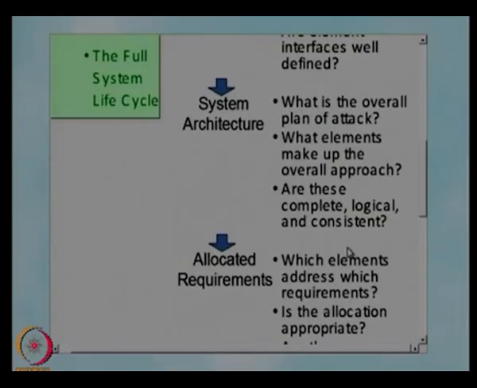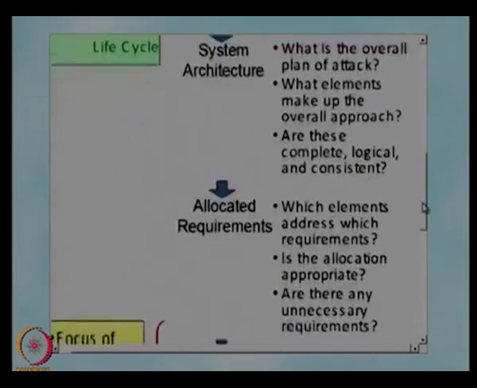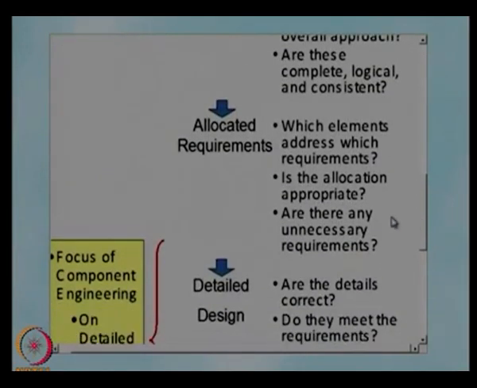And then we go for the allocated requirements. Since we have many requirements and many systems, we have to allocate these requirements among the system components. We try to see which elements address which requirement, so we do a mapping of the requirements to the components or the physical structure.